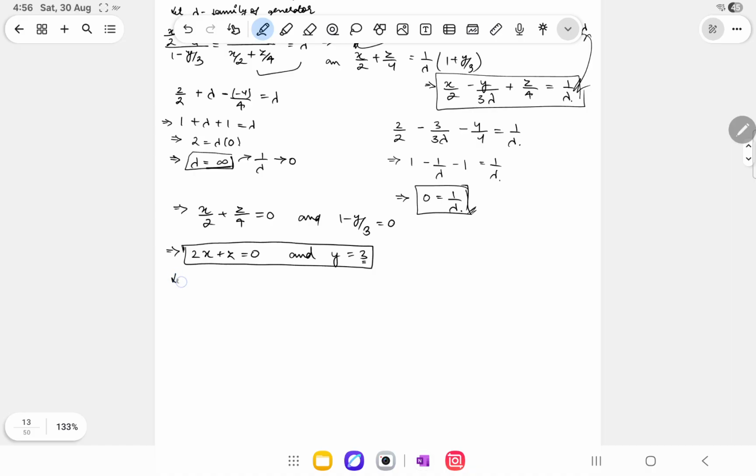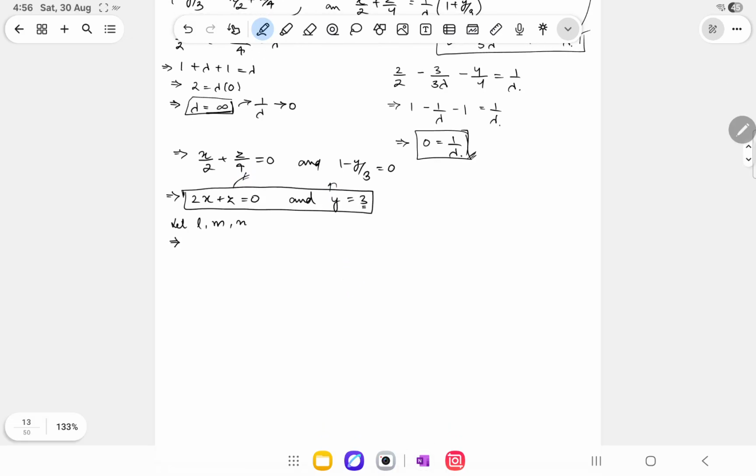Let l, m, n be the direction cosines of the generating line, which I got by the intersection of these planes. The direction cosines of this generating line will be perpendicular to the direction cosines of the normals of this plane and this plane as well. Using the perpendicularity result l1 l2 + m1 m2 + n1 n2 = 0, I'll get 2l + n = 0 and m = 0.